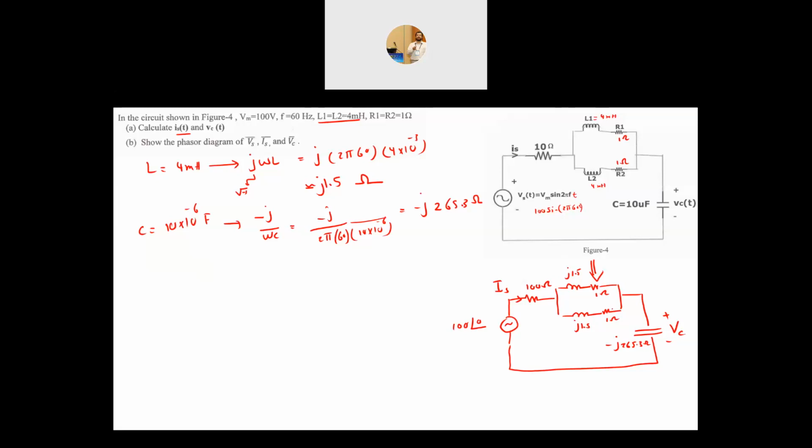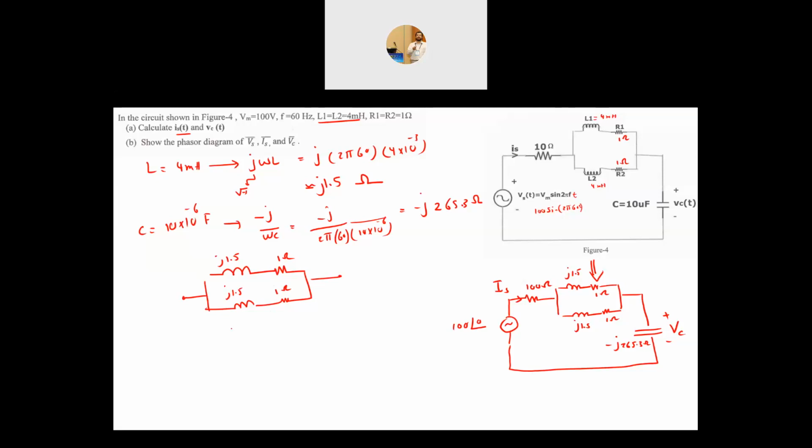Now, I can do some sort of circuit reduction here. I have an inductor 1.5 J, and I have a resistance 1 ohm. This is in parallel with another 1 ohm and J 1.5.